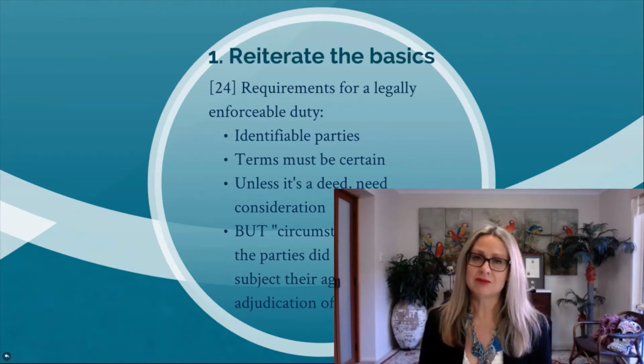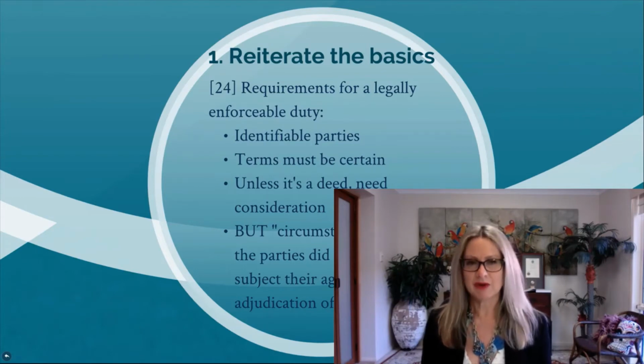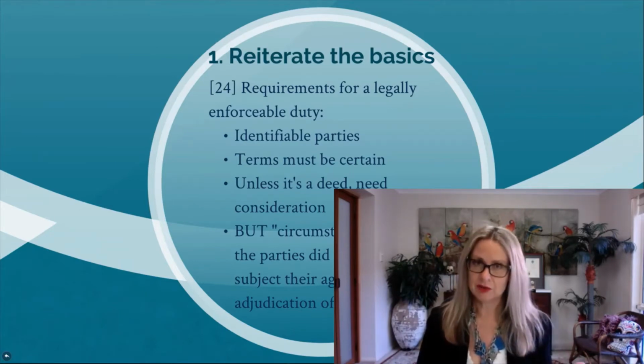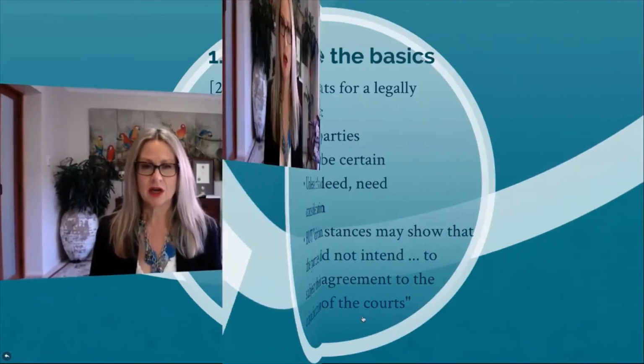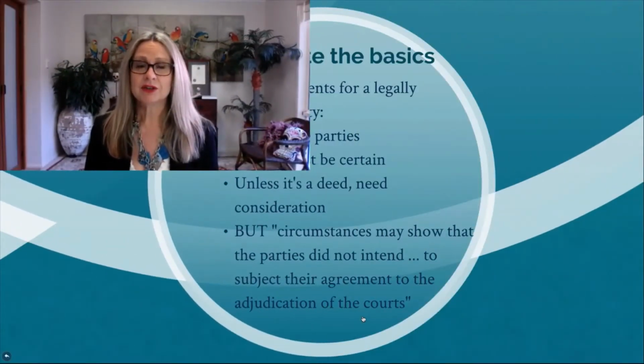You have to have a set of parties. They have to be identifiable. Now, there are obviously caveats around that, as we saw with the Carlill case. However, the run-of-the-mill contract will have identifiable parties. The terms have to be certain. You have to have an offer that contains certain terms that gets accepted. Unless it's a deed, you need consideration.